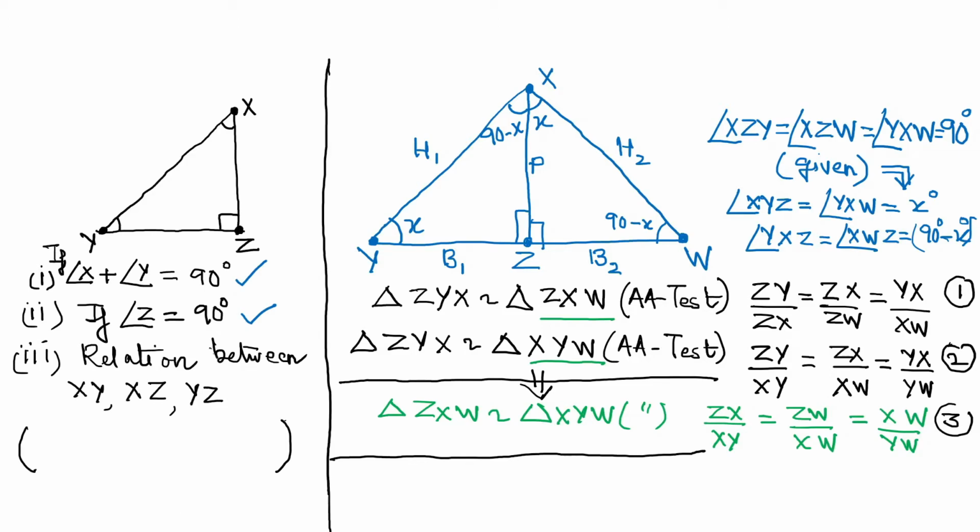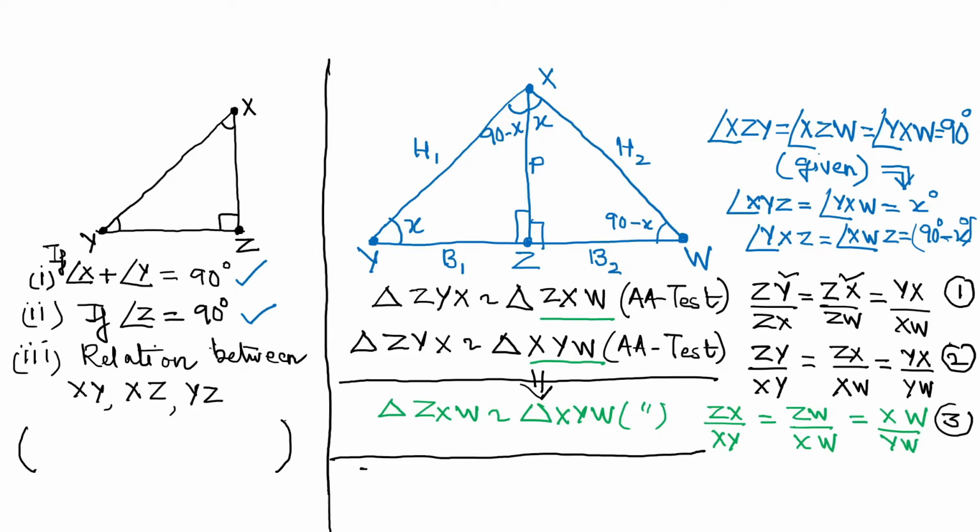Let us see what and where the important parts are. Let us write down the important parts first. For example, from equation 1, so we treated this as equation 1, I would want to pick up these two fractions.